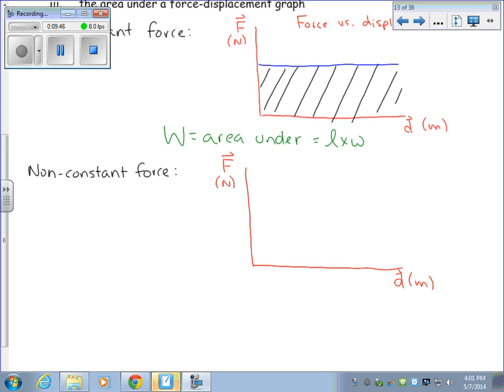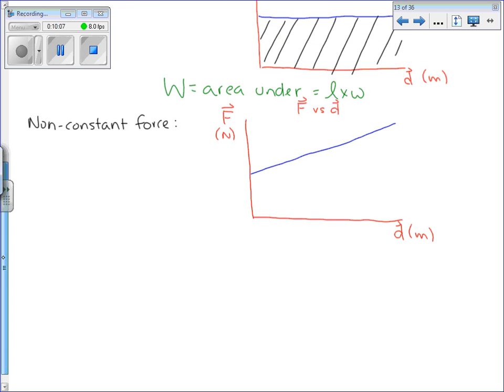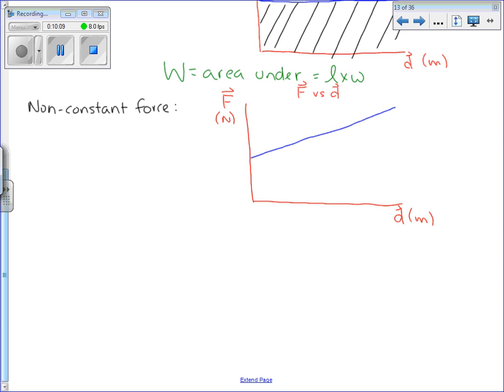So it's not a horizontal line. It's going to be a straight line that's either increasing or decreasing. I'm just going to put F versus D here. So an example of a non-constant force might be something like this, where that value is increasing. So then the work is equal to the area under.